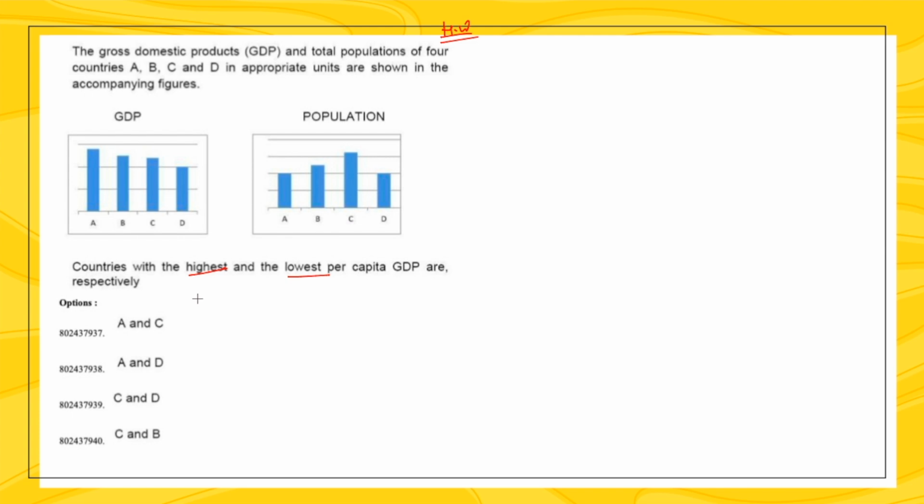So let's look at it. I told you that per capita GDP is basically GDP value divided by population. So the higher the population, the lower the per capita GDP; the lower the population, the higher the per capita GDP. So direct and inverse relation you have to understand. Now if I write down the order of GDP, whose GDP is highest?